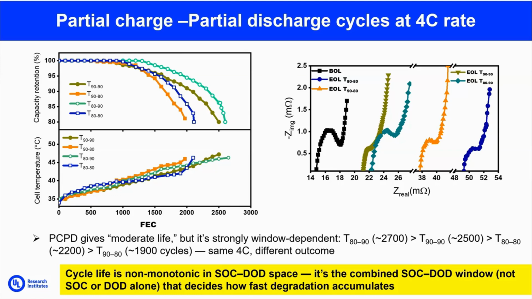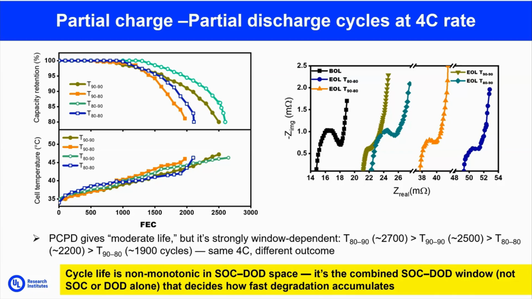But in our case, we studied four test conditions: 90 SOC to 90 DOD, down to 80 SOC to 80 DOD. 80 SOC, 80 DOD is the lowest operating voltage window of the cell, but its cycle life is much lower than that of even 80 SOC, 90 DOD. This is strange, and it is repeatable and reproducible, I can say.